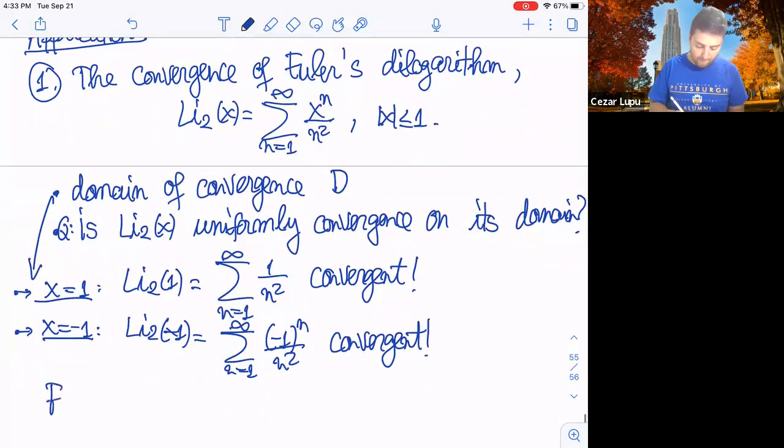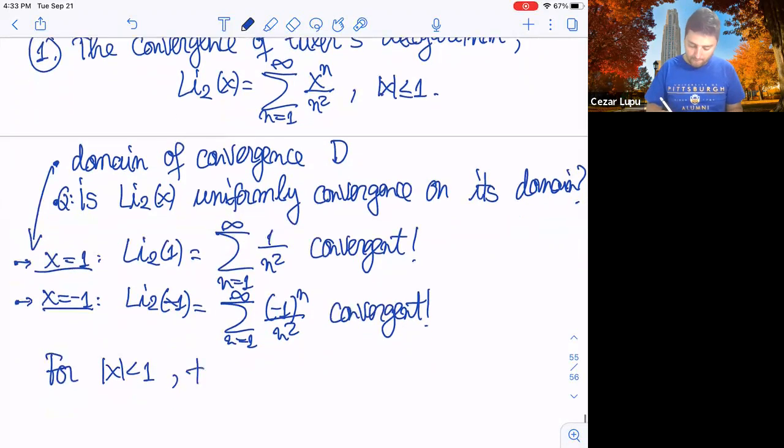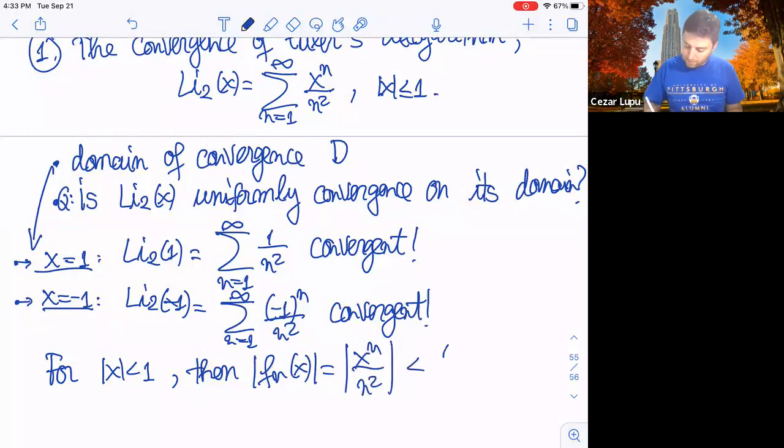So for x in absolute value less than 1, then clearly the absolute value of f_n of x, which is the absolute value of x to the n over n squared, is less than 1 over n squared. Let's denote this by a_n.